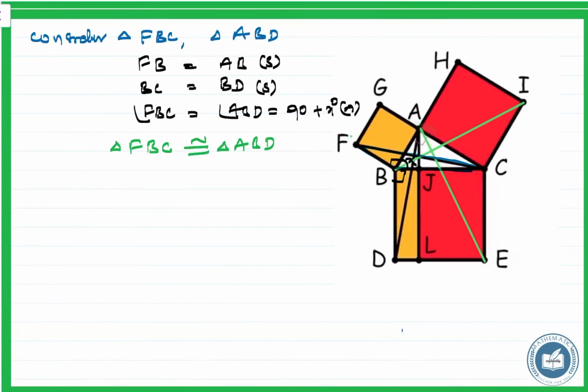So next, here we have to use one more concept.